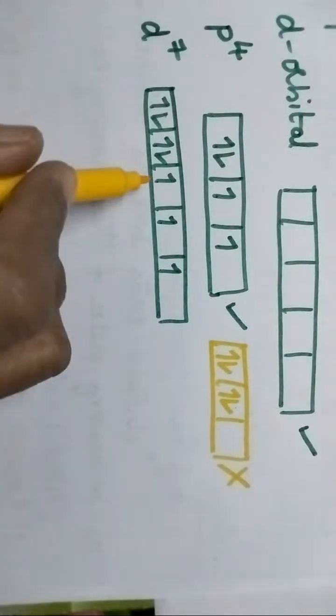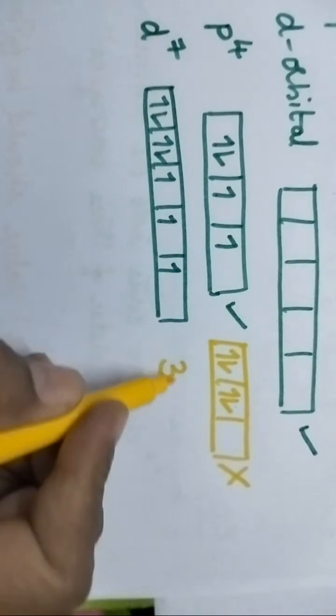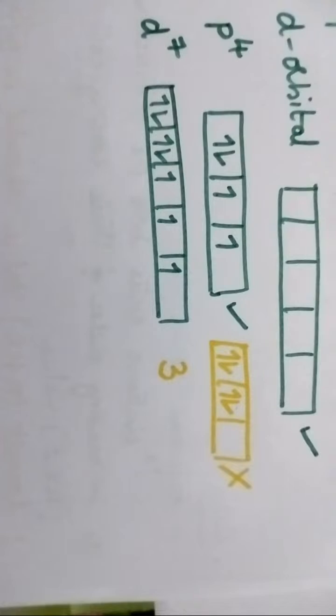So here how many unpaired d electrons are available? 3. Clear? So Hund's rule is highly useful for the filling of degenerate orbitals with the electrons.